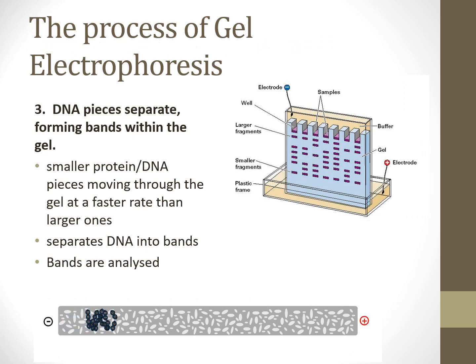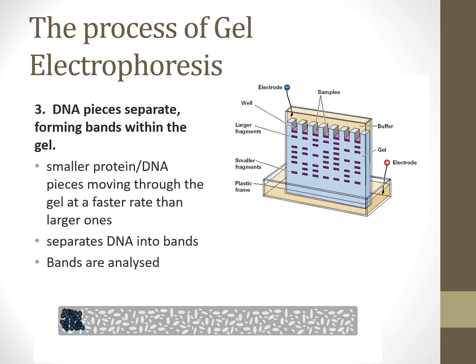So we've added our DNA fragments to our gels, and we've turned on our power, and our DNA starts to move through the gel. The thing we need to remember about the gel itself is if we look at the little animation at the bottom, the gel's actually like a little matrix, and it's quite difficult for the DNA to be able to pass through the matrix.